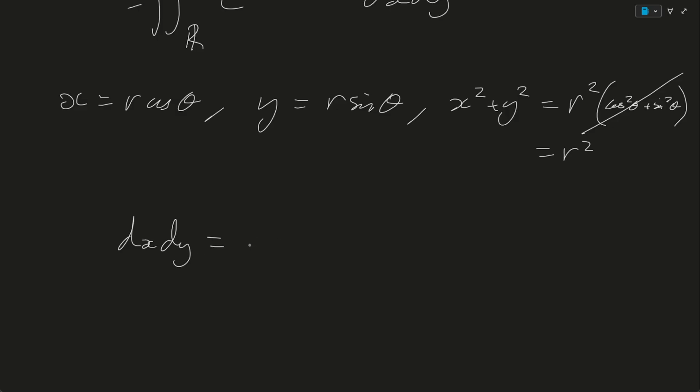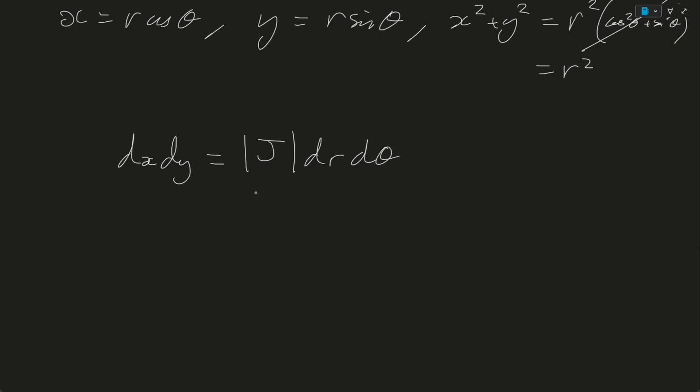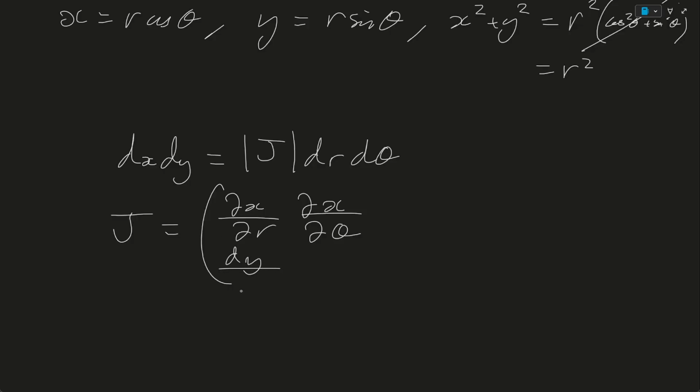This is equal to the determinant of our Jacobian times dr d theta. So let's find out what J is. Well, we're going to end up with our partial derivatives here. So we'll have dx dr, dx d theta, and then dy dr, dy d theta.